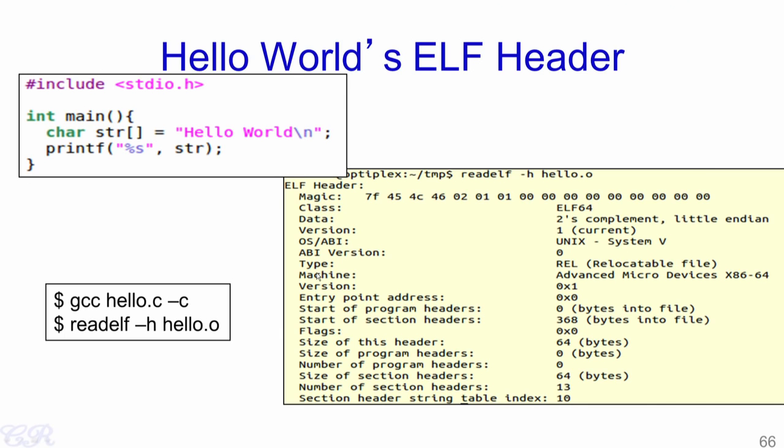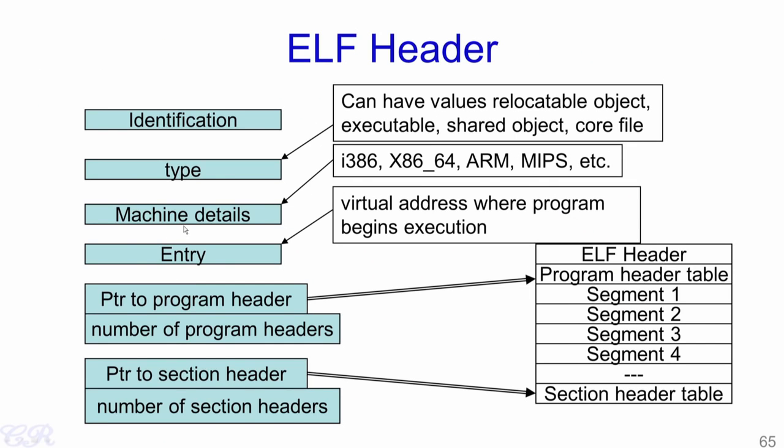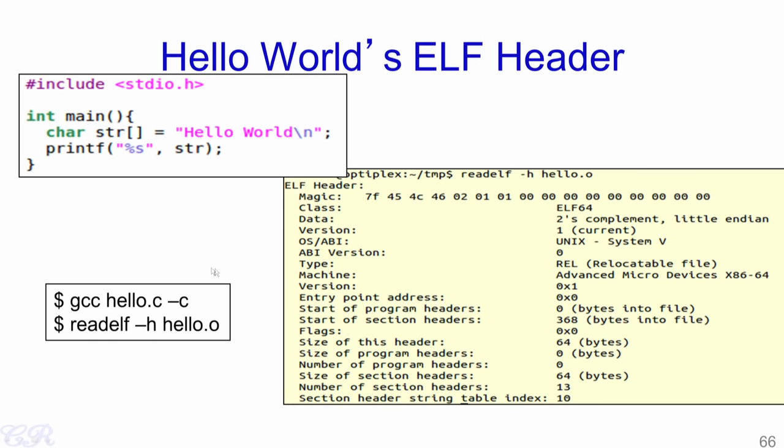In this particular example, since we used hello.o, that is an object file, it is a relocatable object file, and you can see it over here, REL, which is a relocatable object file. Another thing is the machine details, specified as machine. In this case it is AMD x86-64, which indicates that this object file is for x86 64-bit machines.